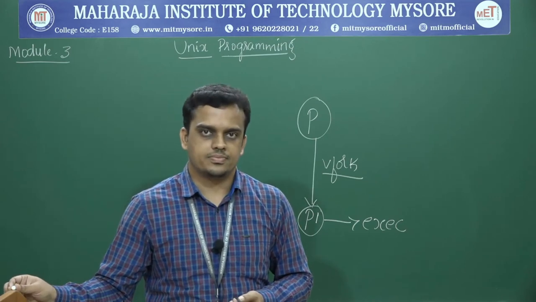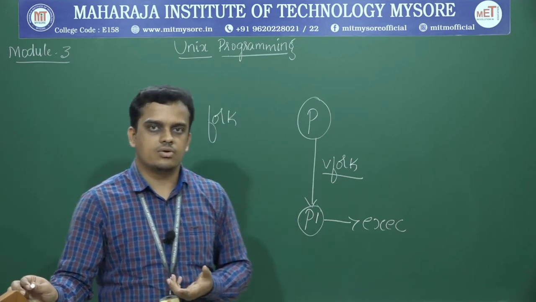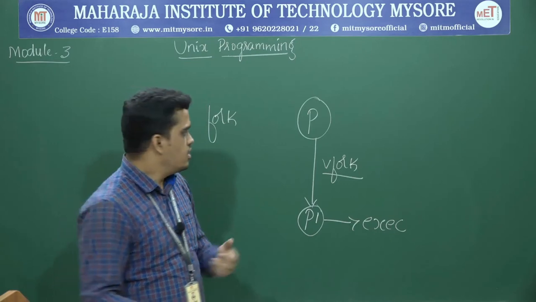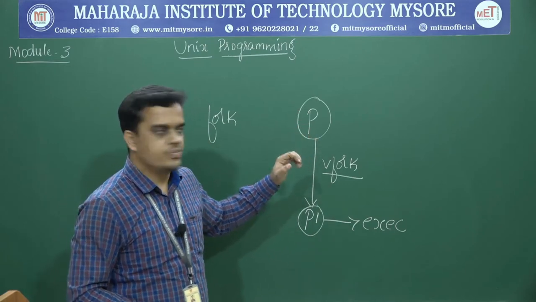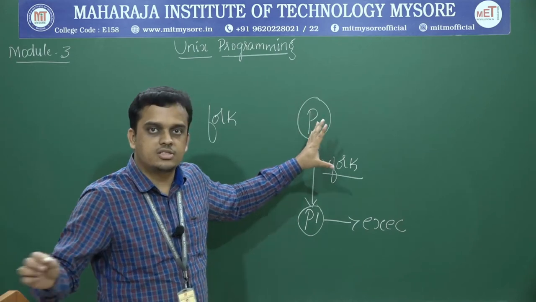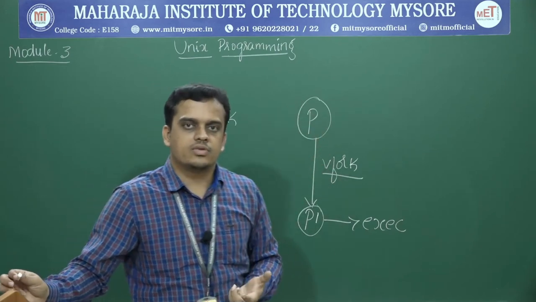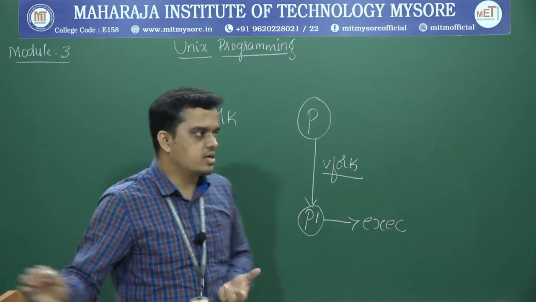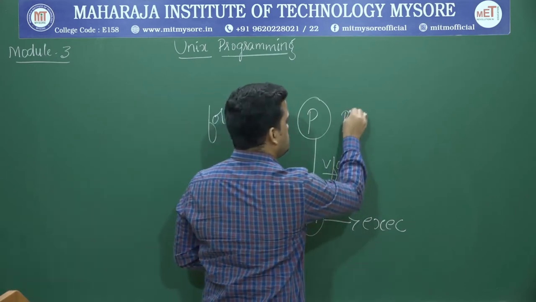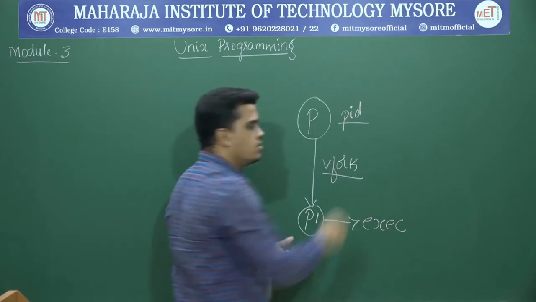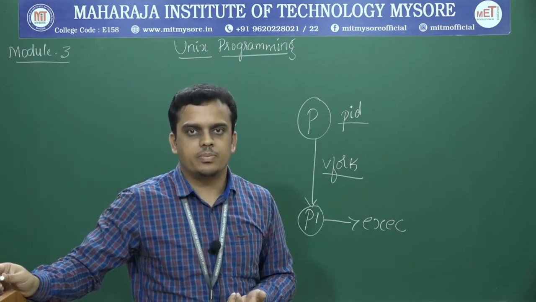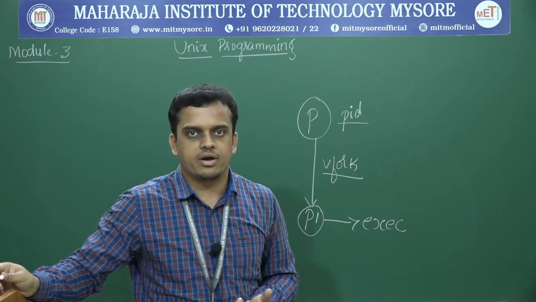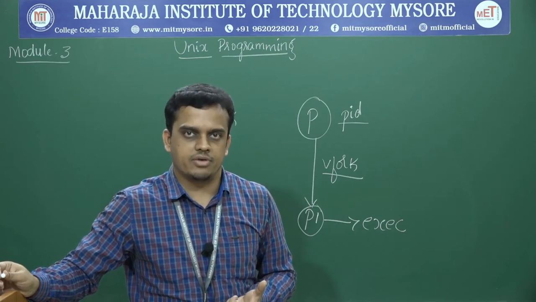And we all got aware of the different identifiers with respect to a process, isn't it? Each process, as and when it is being created, will be assigned a common identifier, that is PID. So as and when a new process is being created, each process will be assigned a unique identifier that we call the process identifier.